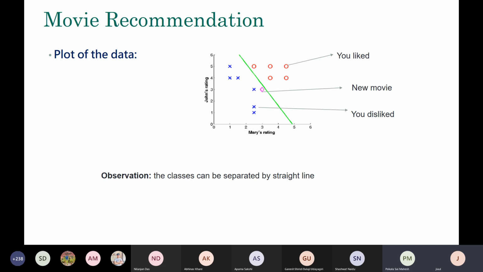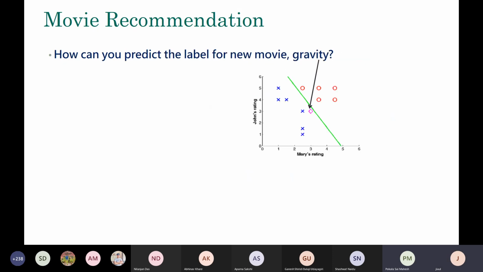Now, how can I predict the label for the new movie, Gravity? That's the question that I have to address.